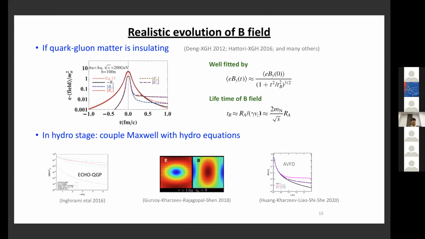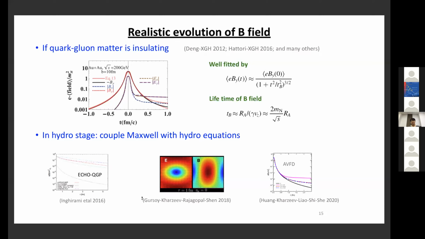And recently there were some theoretical calculations using hydrodynamics. In those calculations, as you can see, for example, this ideal QGP calculation given by Inghirami and his collaborators, if you consider the conducting medium, the B field can indeed be kept much longer than in the vacuum case.